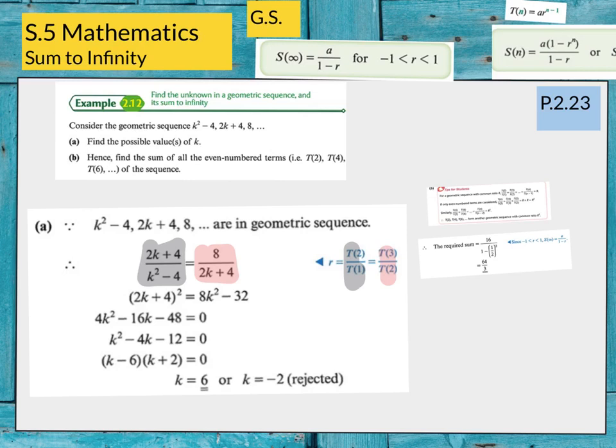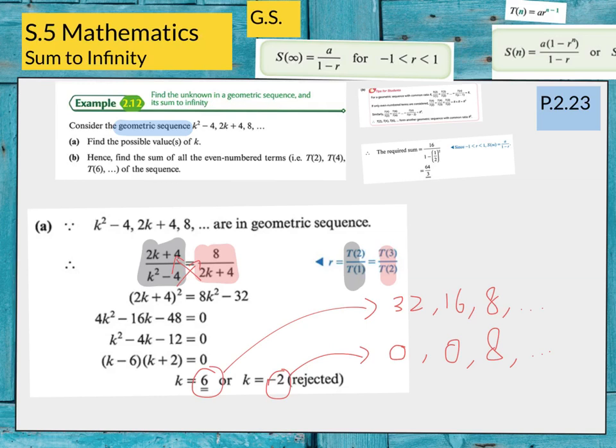For the calculation, you may handle it yourself: multiply, expand, and so on. After that, please check for each value of k whether they are able to form a geometric sequence.